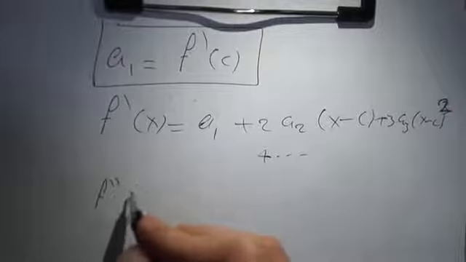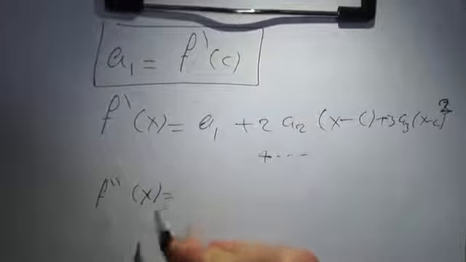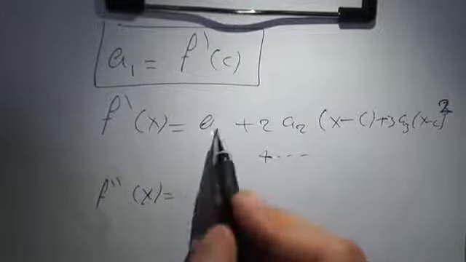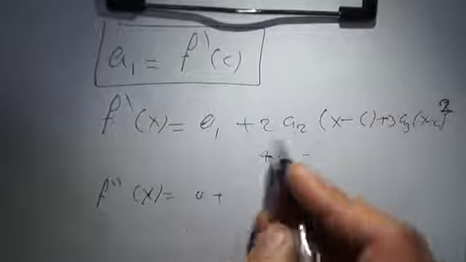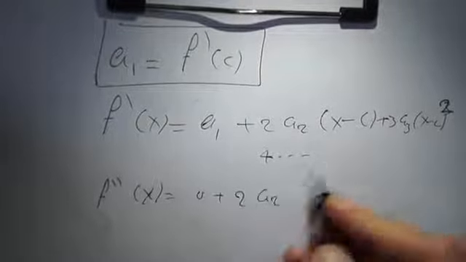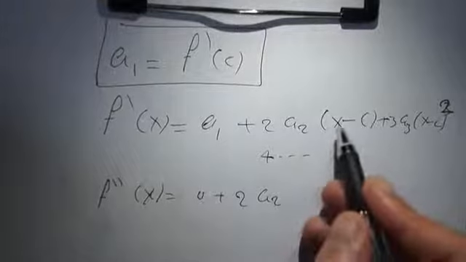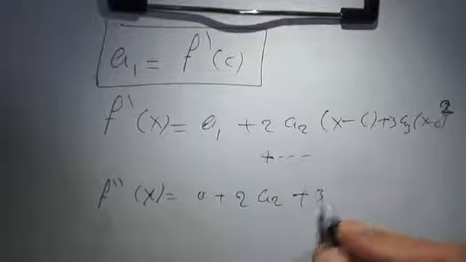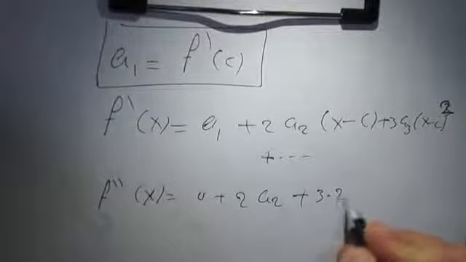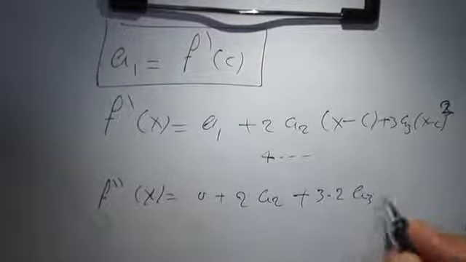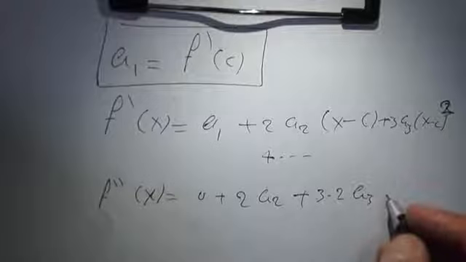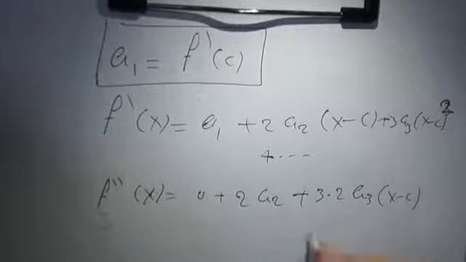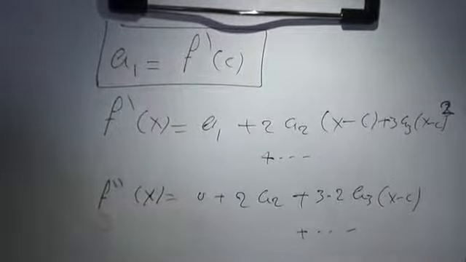The second derivative for the variable x, this one going to be 0, this is going to be 2a2, because this is 1 and this is 0, plus you're going to get 3 times 2 a3, this is going to be x minus c, and so on.